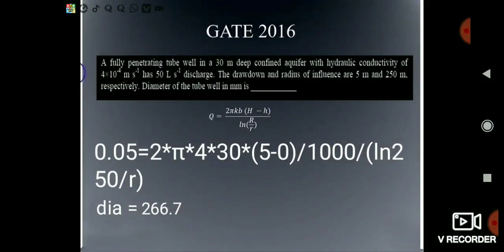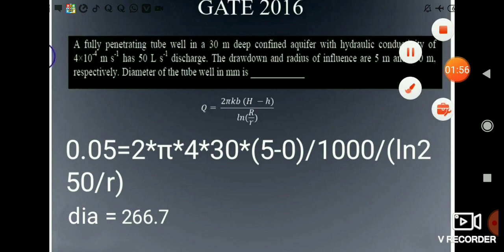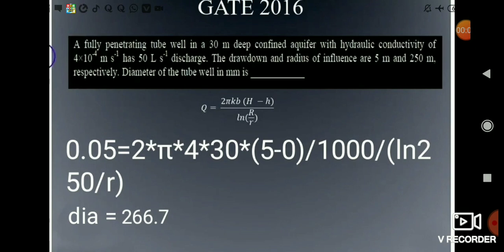So here in this question, I have simply put the values, and you can see here that I have put 5 minus 0. Means here 5 is the drawdown at the base of the well, and 0 is the drawdown at the radius of curvature or radius of cone of the well.